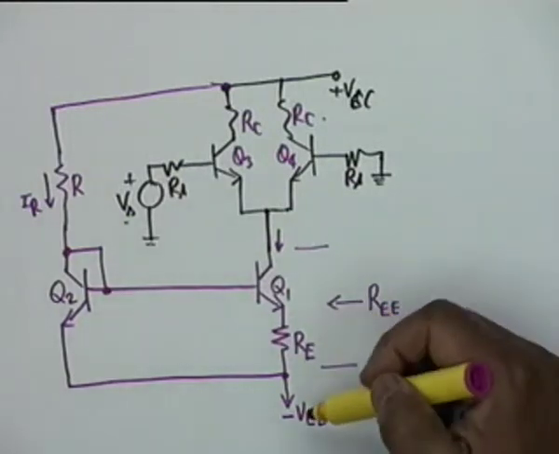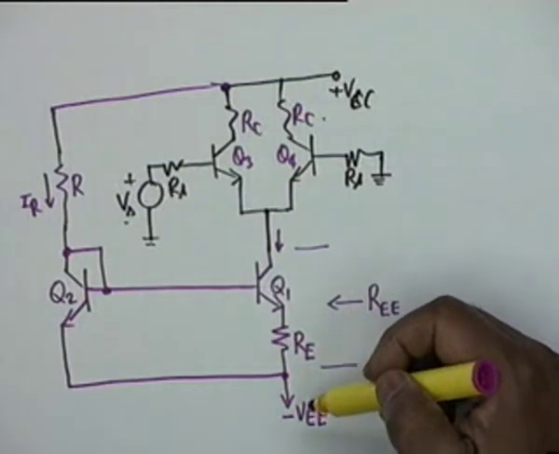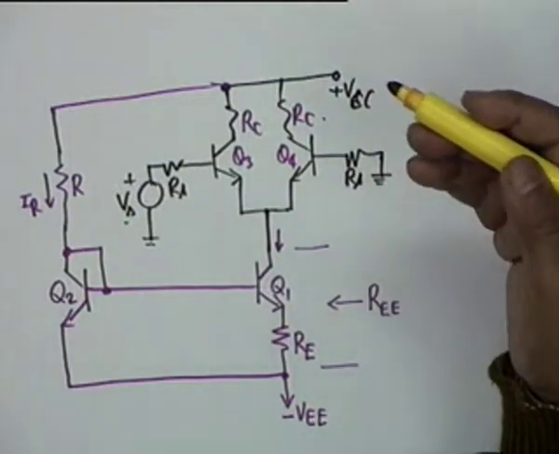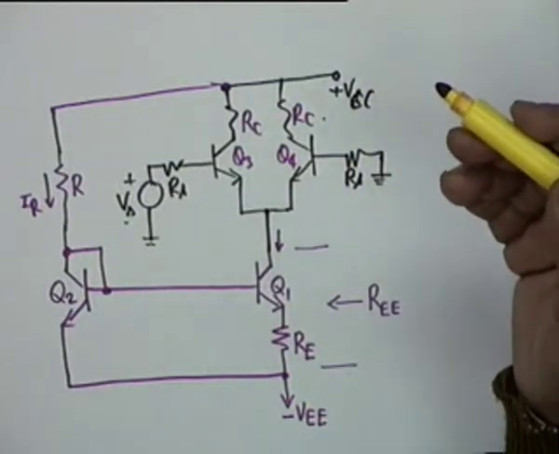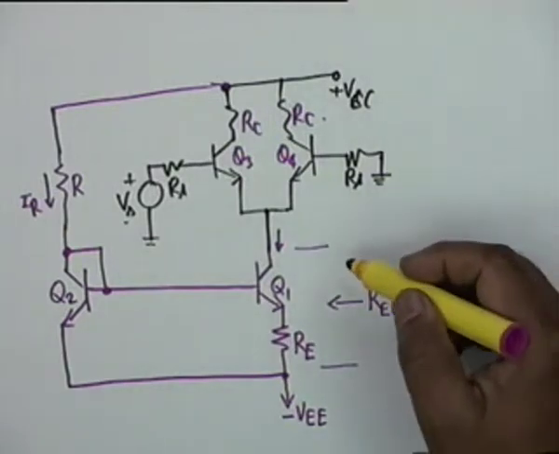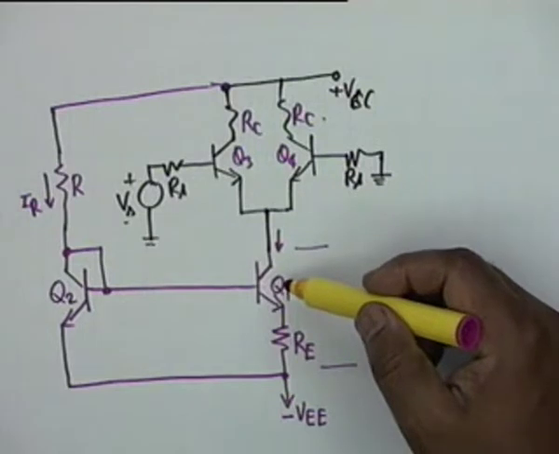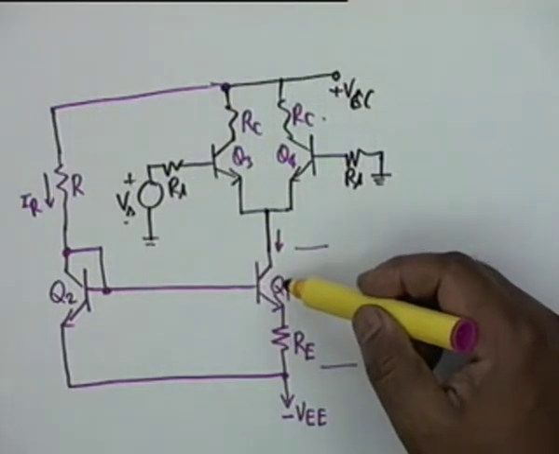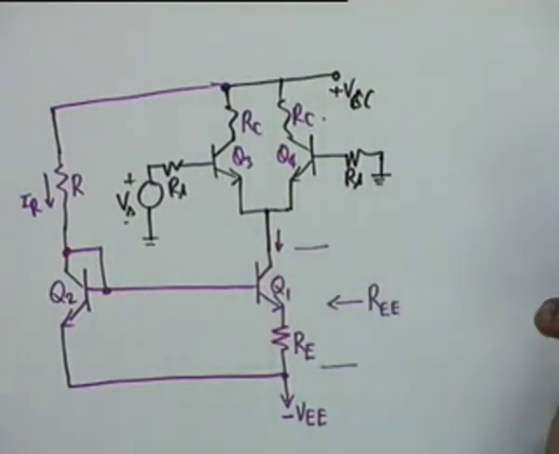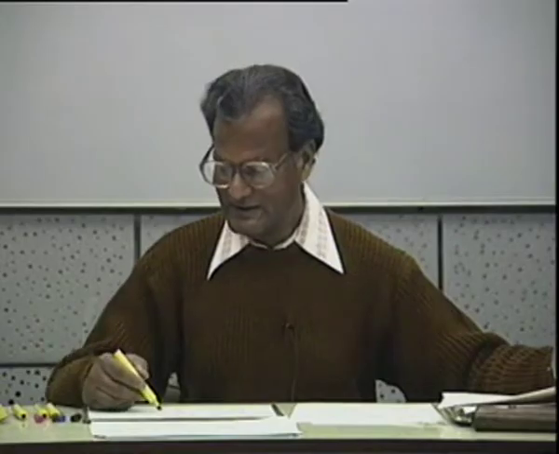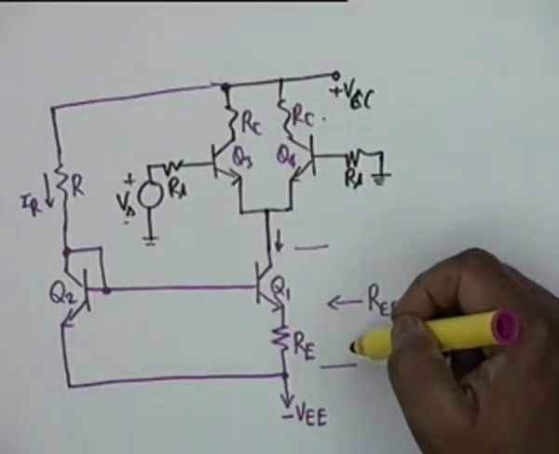We have not increased VEE; we have kept VEE and VCC in the tolerable range. Effectively, we want to increase REE. If this transistor was ideal, that is, if its R0 was infinity, if V sub A, the Early voltage, was infinite, then obviously REE would have been infinite.